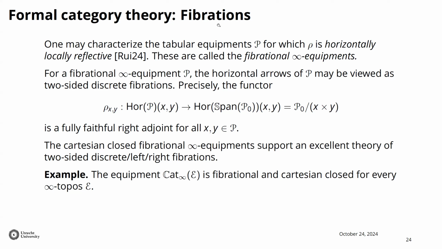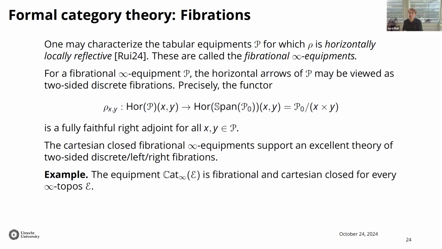I actually have two questions. One is, is it true that in the one-categorical version the enriched categories are not tabular? So I believe they are tabular, but they are not fibrational.